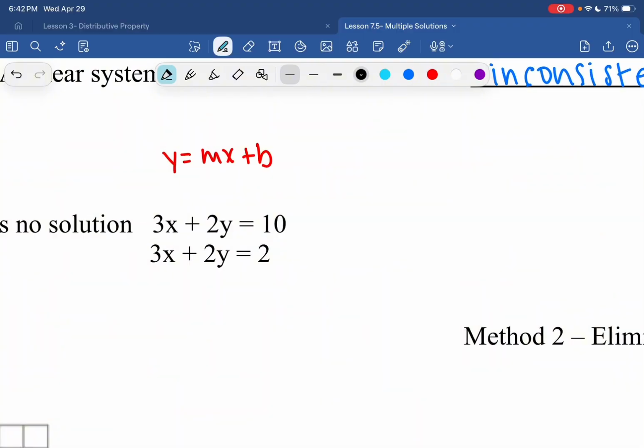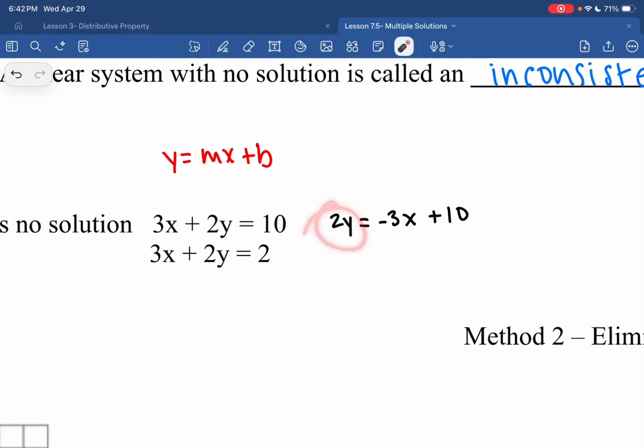When you do that, you should get 2y equals negative 3x plus 10. Now remember, we can't have our y being multiplied by anything. We've got to have y by itself. Because this is technically 2 times y, we are going to have to divide everything by 2.